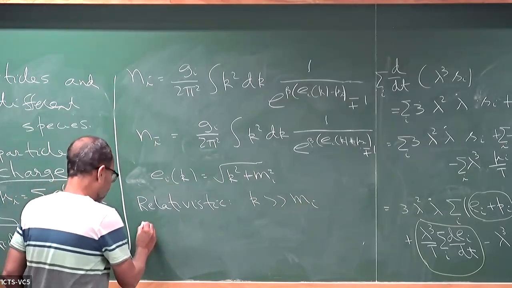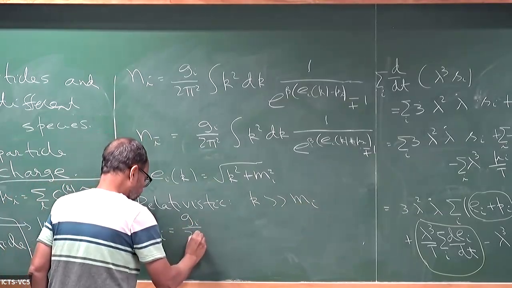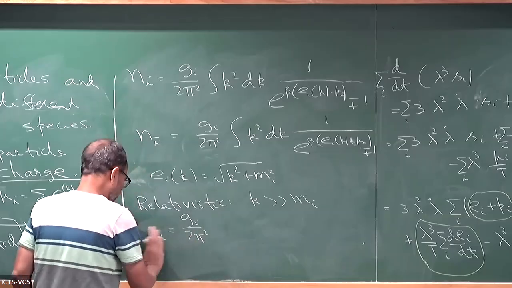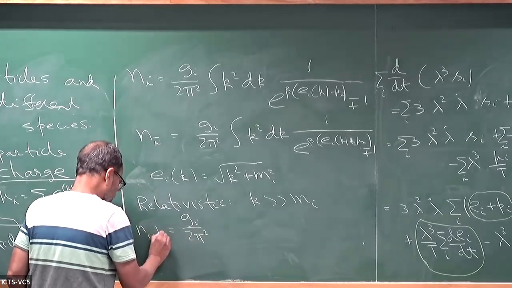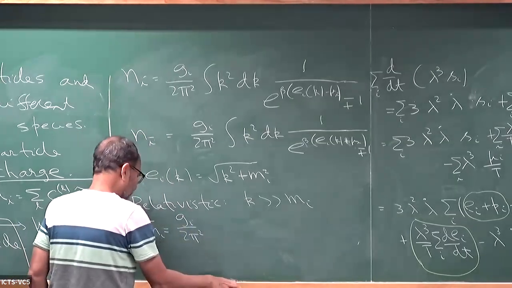In that case, N_i is given by g_i over 2 pi squared. Let me write the formula for N_i and N_i bar both, or maybe I write it separately, I will get confused.